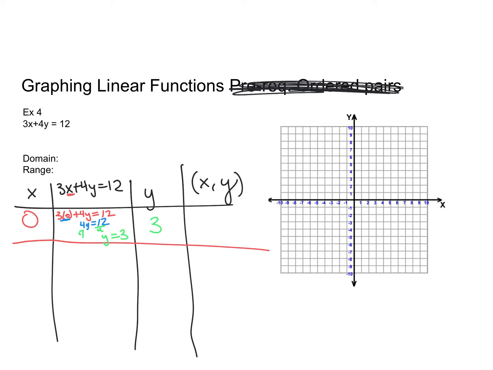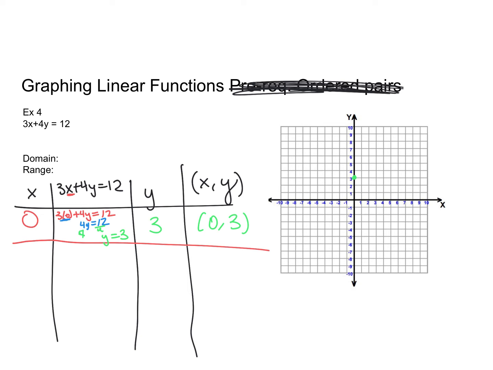So when it looks like this format, I have to do a little bit of algebra, but the algebra is not that bad. All I had to do is divide both sides by 4. So 0, 3 is my y-intercept. It's one of my ordered pairs. And then to find another ordered pair, I'm going to have you do something a little different.